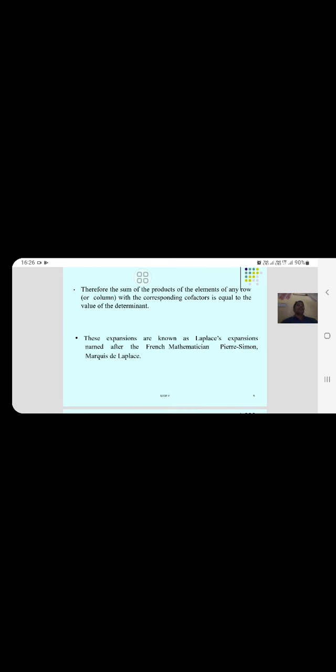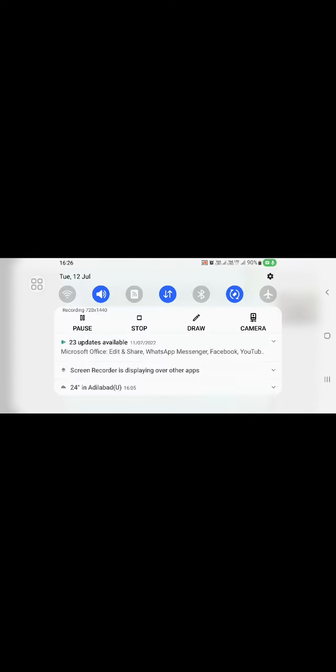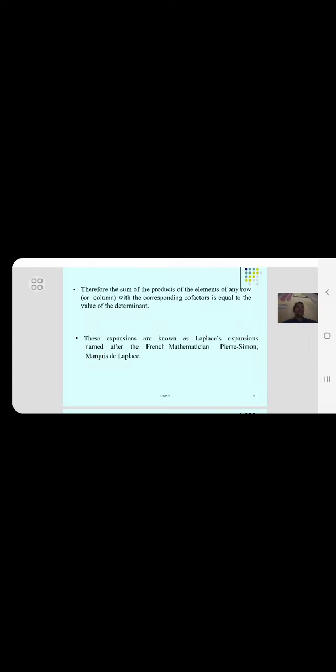Next slide. Therefore, the sum of the products of the elements of any row or column with the corresponding cofactors is equal to the value of the determinant.